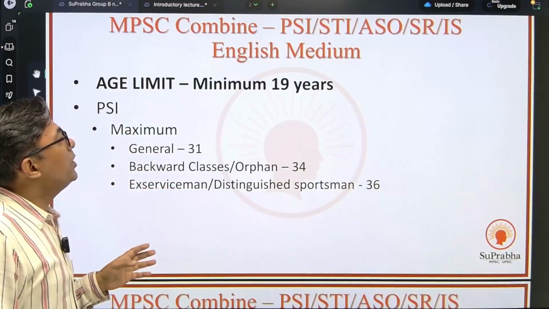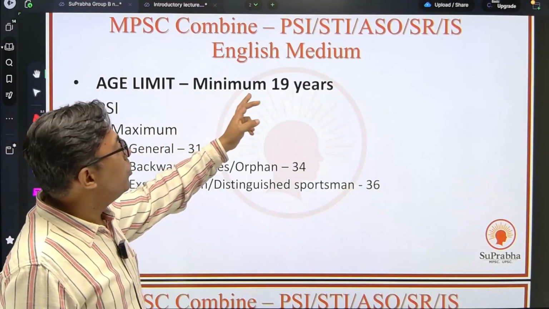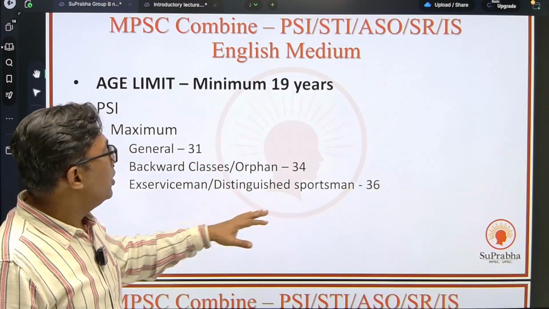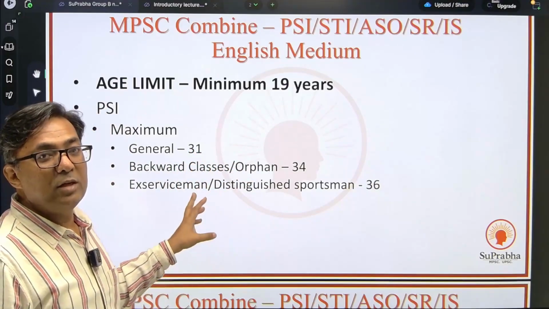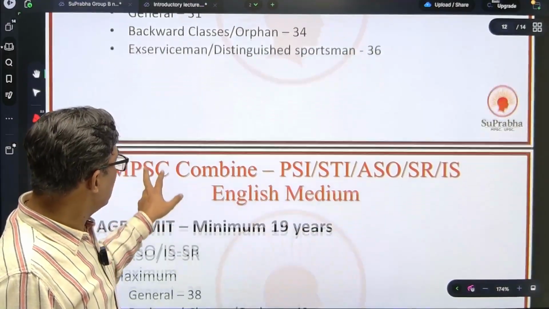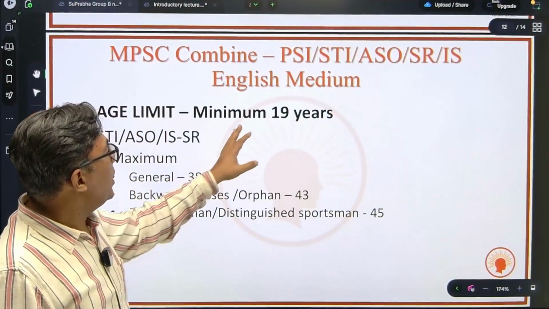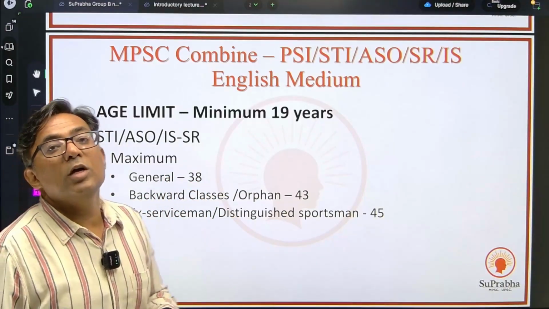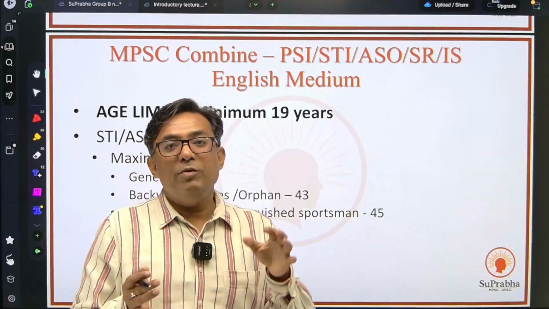Now what is the age limit? For PSI, the minimum is 19, the maximum for general category is 31, and for different categories the age has been relaxed. For other posts, the minimum age is 19 and the maximum for general category is 38. Mind you, you can give as many attempts between this age group.